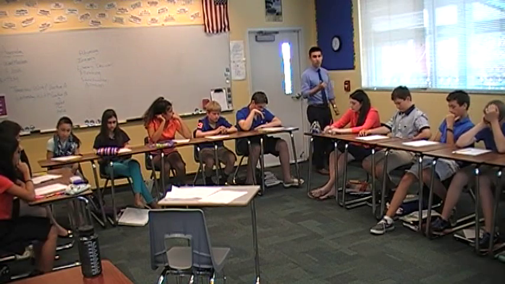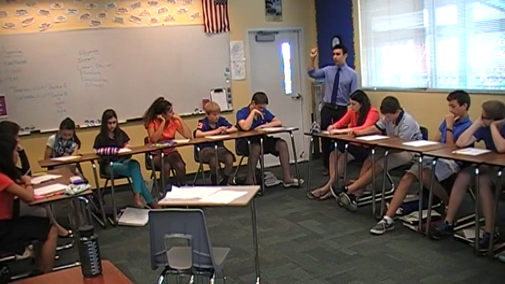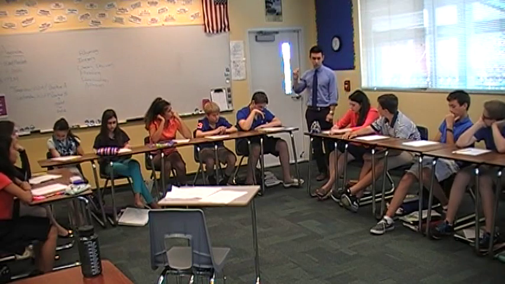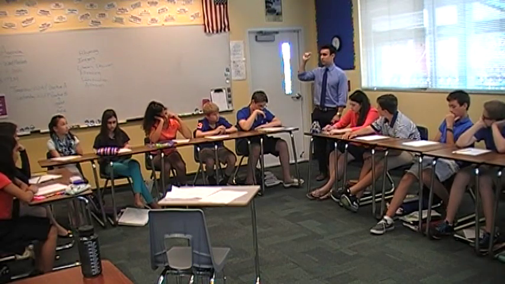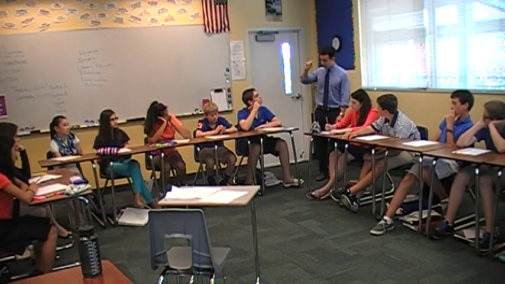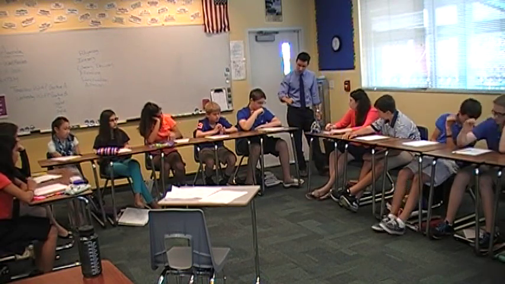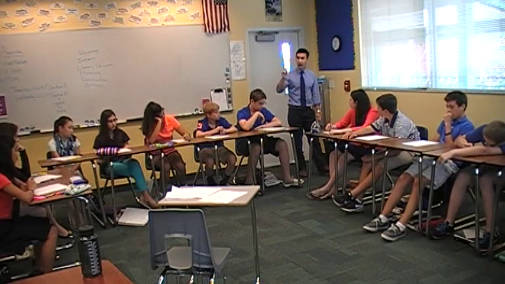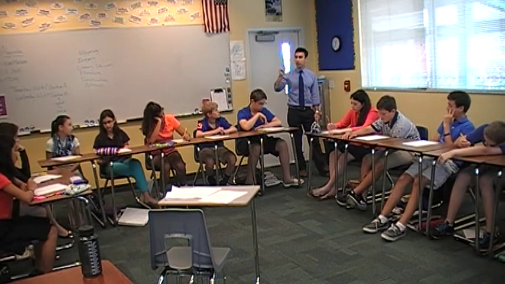So if we're using iambic pentameter, where every other syllable is emphasized, what's the mark you use for emphasis? People who take Spanish. It's a little accent mark, all right? So if you were to do this over that first line, it would be emphasized: shall I compare thee to a summer's day?